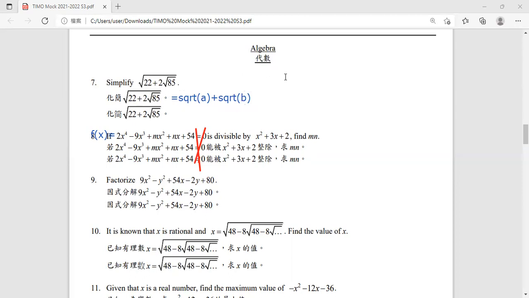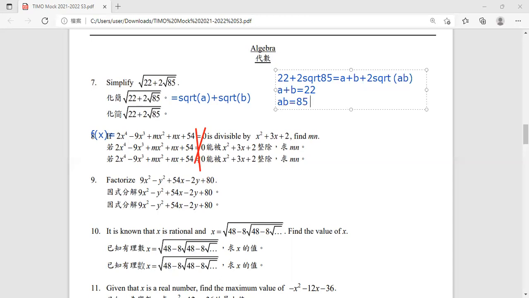You will get 22 plus 2 square root of 85 equal to A plus B plus 2 square root of AB. Then you compare both sides, because the square root part will be the same, so we find A plus B equals 22 and AB equals 85.